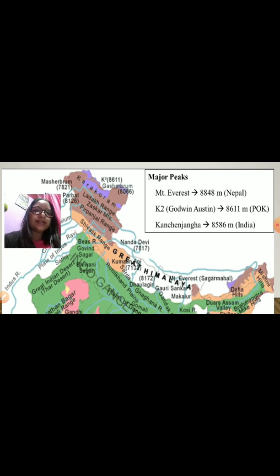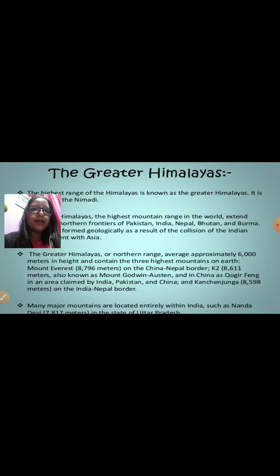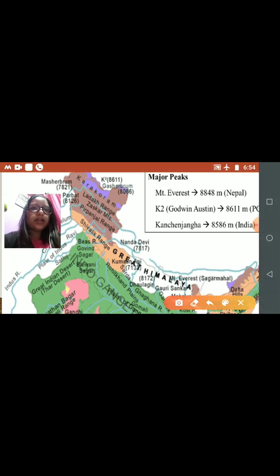Okay, this Himadri, or the Greater Himalayas, is the highest and the northernmost range of the Himalayas. It extends across North India from the northwest to southeast.